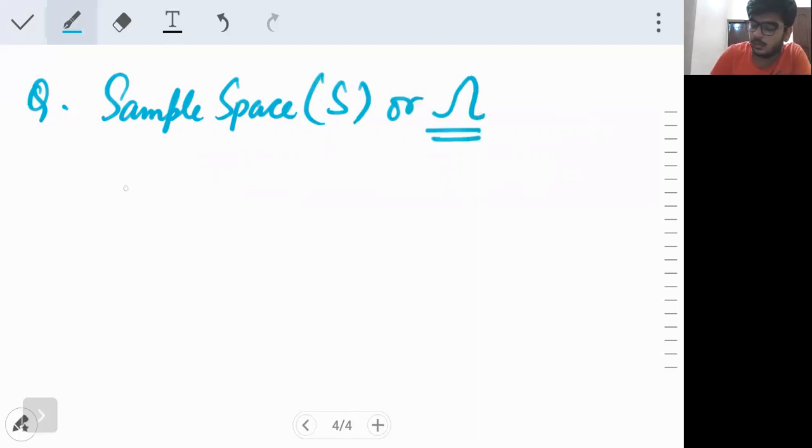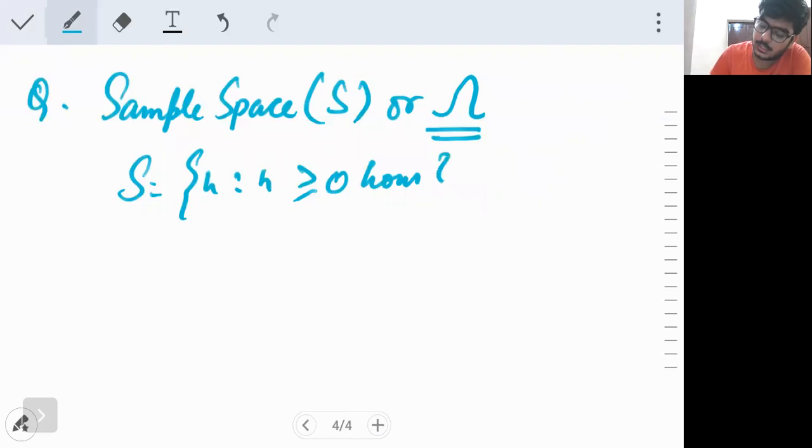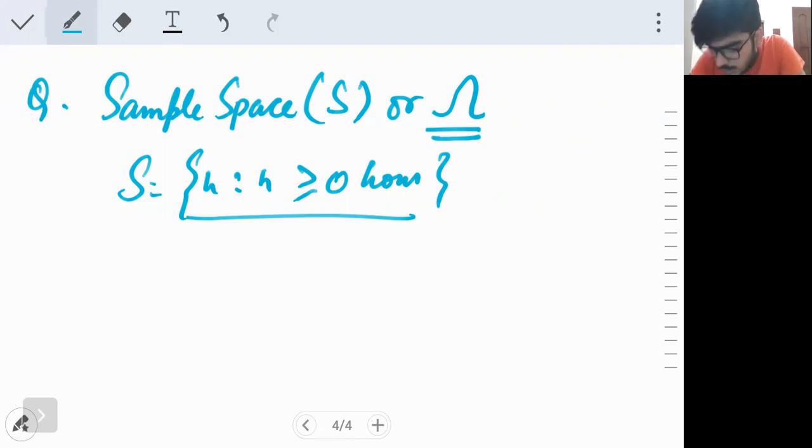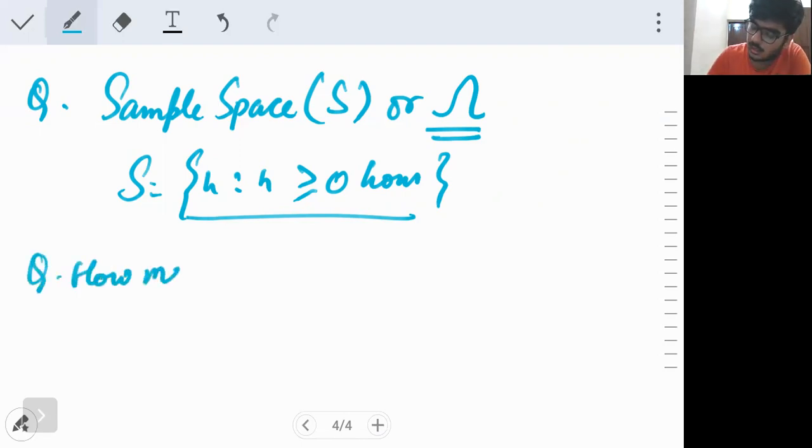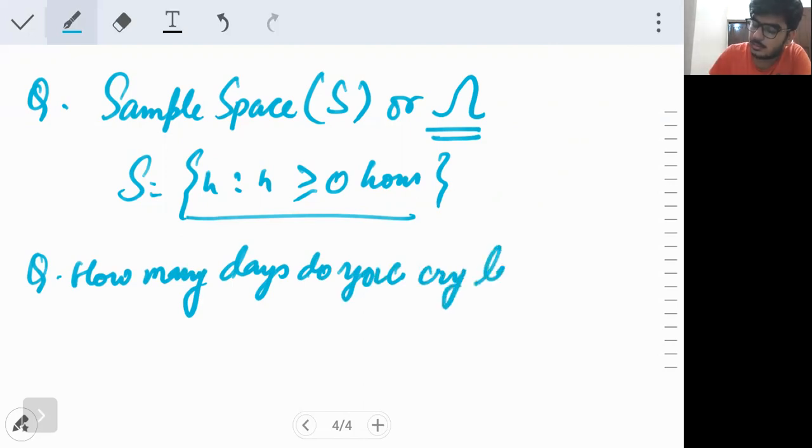So we are denoting it with S. So S will be the set of H such that H is greater than or equal to 0 hours, right? So this could be the sample space. Another example is, how many days did you cry last month? Right? How many days did you cry last month? So the question could be, how many days did you cry last month?